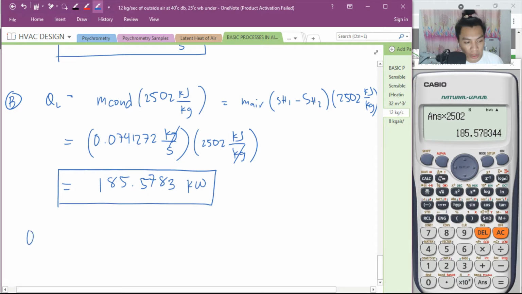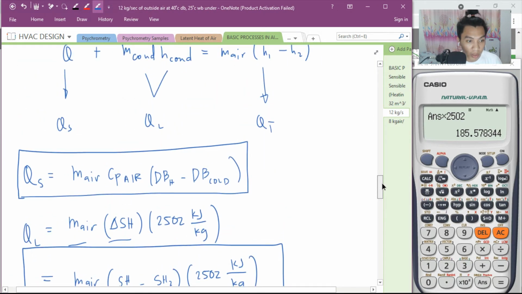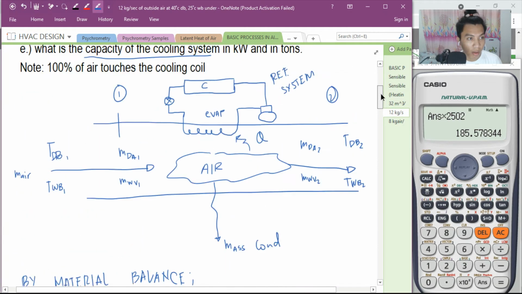Now, yung QS. Yung MA, CP ng air, dry bulb nung hot minus dry bulb nung cold. Now, yung M nung air, what is the M of air? Mass of air. Nakuha ba natin yung mass of air dyan? Binigay yan eh.